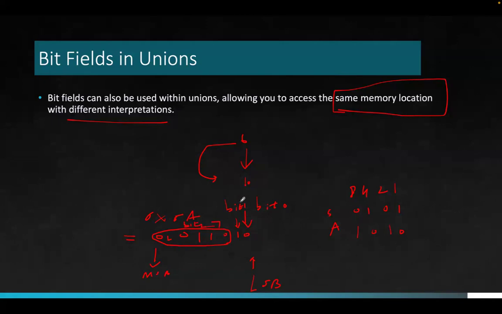If you understand it, the same address 0x5a data in the same memory location is stored with different interpretations, which means if you print bit 2 to 7, you will get only this data.